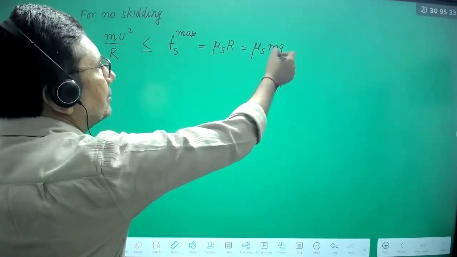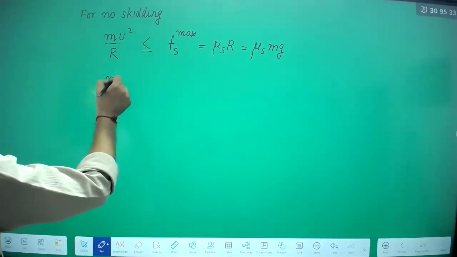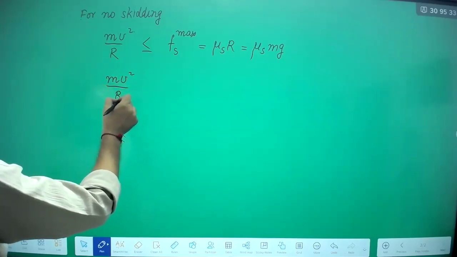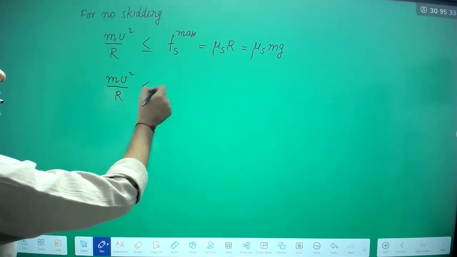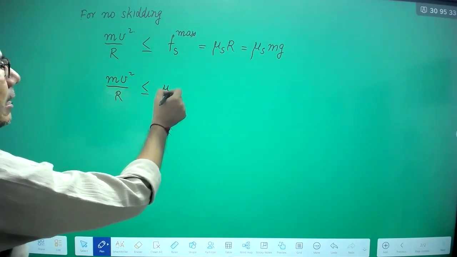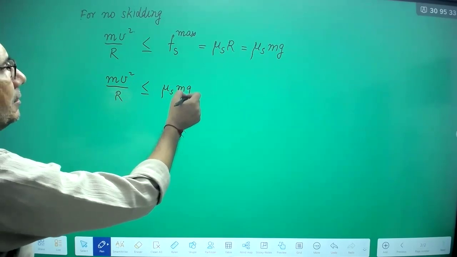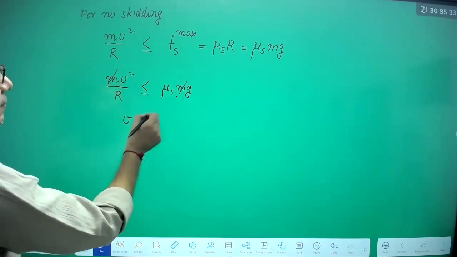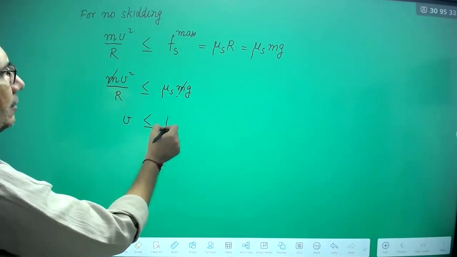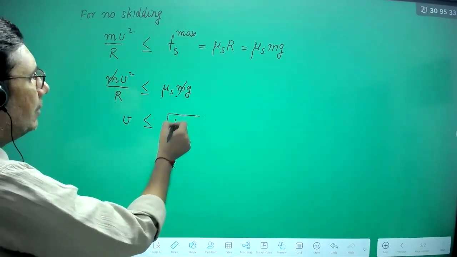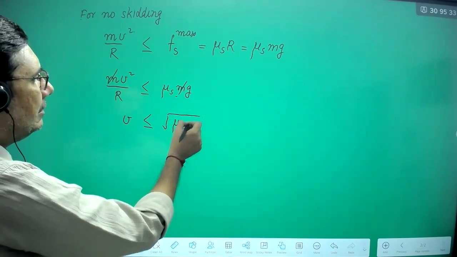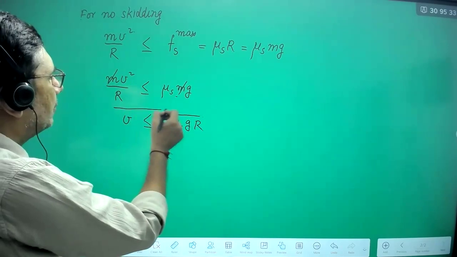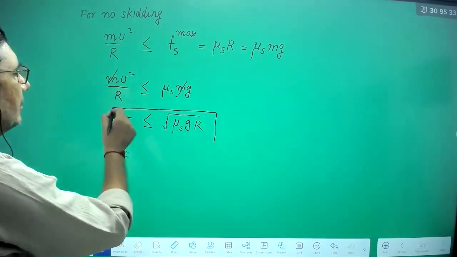So mv square upon r should be less than or equal to mu s mg. The m is going to cancel out, and v should be less than or equal to square root of mu s g r.